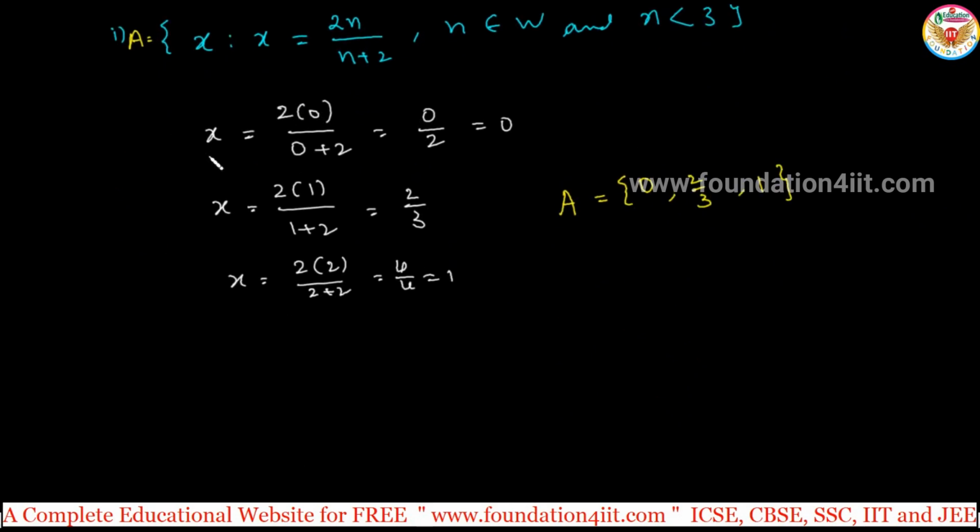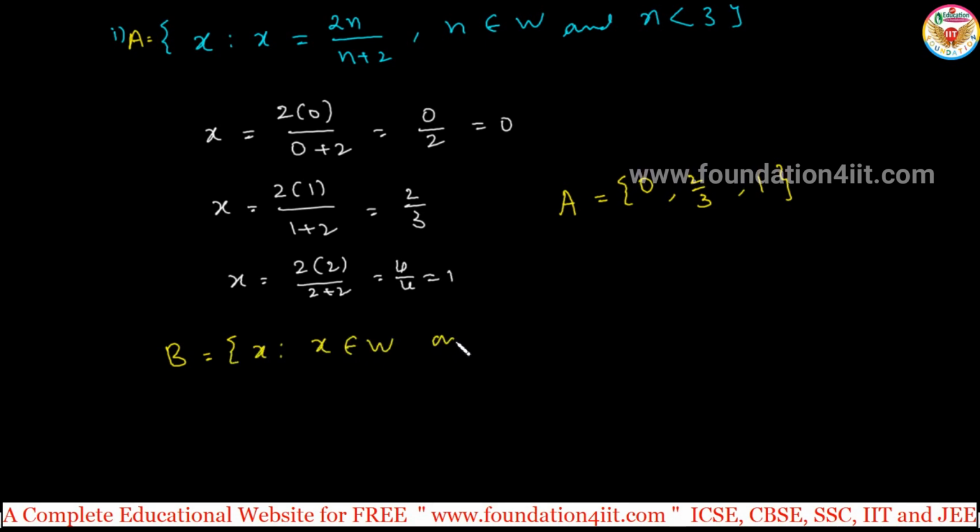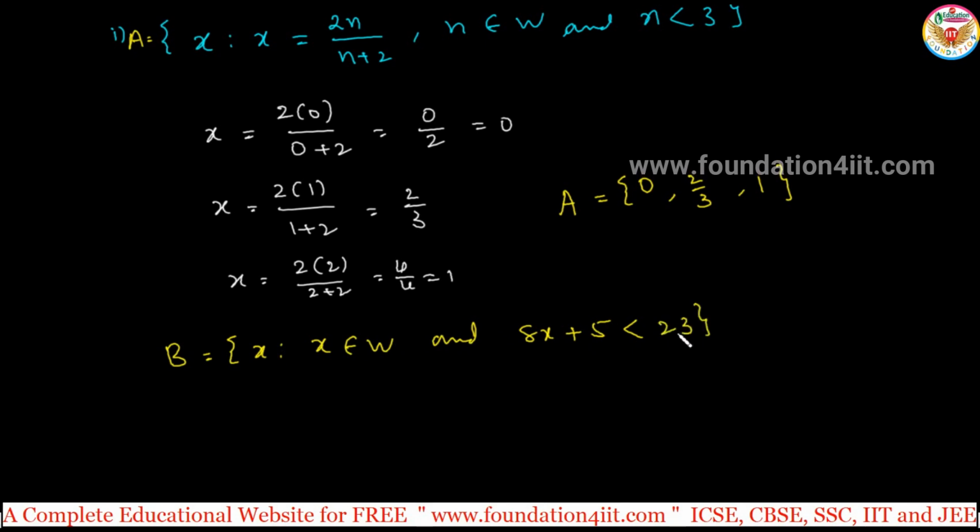Let's take one more example. Set B is having x such that x belongs to whole numbers, and here the condition is 8x plus 5 is less than 23. According to this, 8x plus 5 is less than 23.